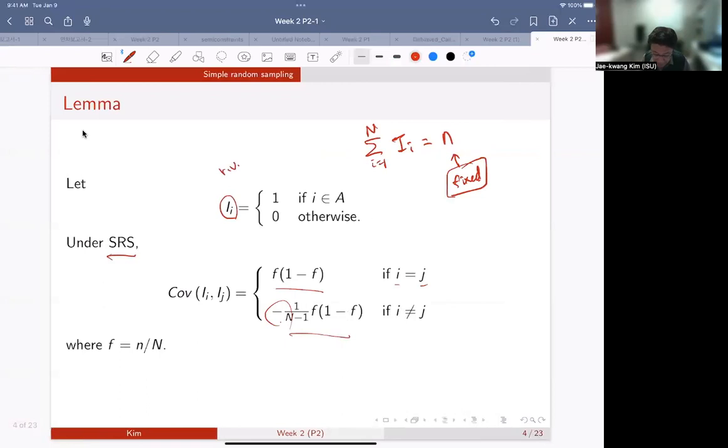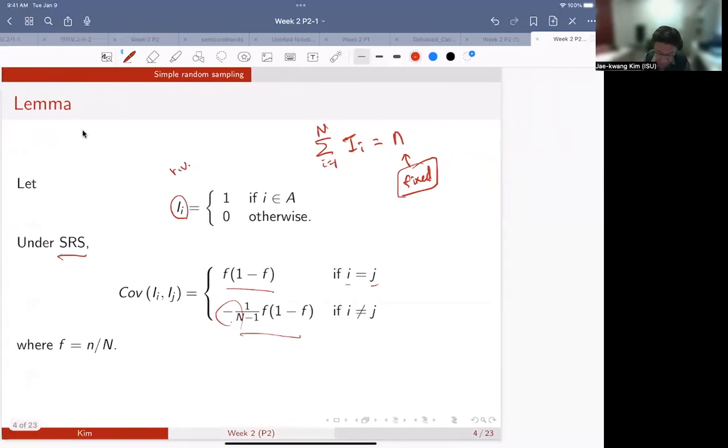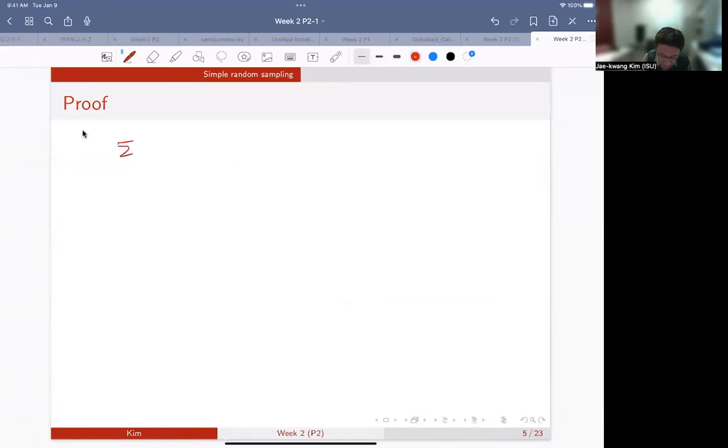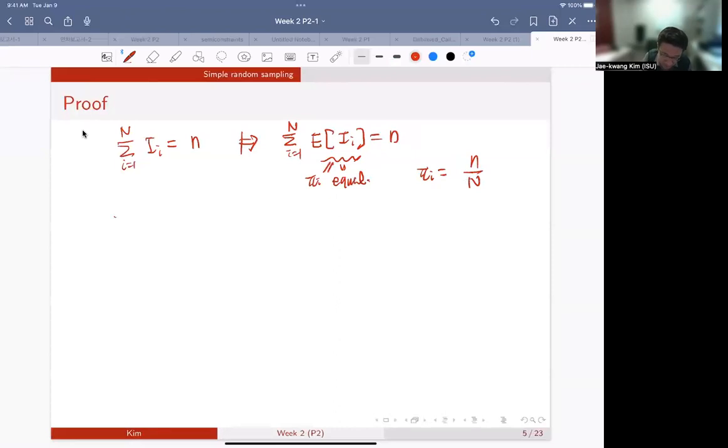In fact, we showed this already, but basically we can start from I_i, and if it has an expectation, and these are all equal, then pi_i is all equal, which means we have n over N. Then the variance, same thing: the variance of the sum of I_i is the variance of n, which is zero, because n is fixed.